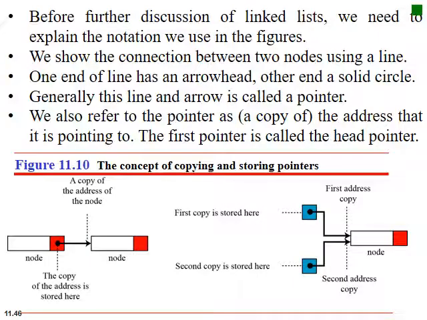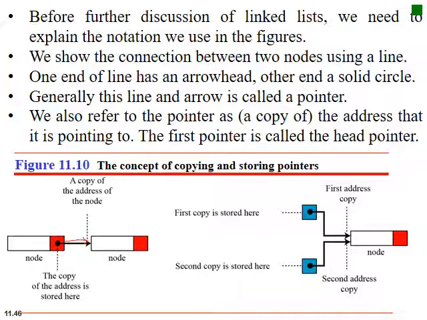Before we discuss, we just need to confirm some of the notation we're going to use in the figures. We show the connection between two nodes using a line. In other words, that line over here with an arrowhead is the connection or the link indicating that two nodes are linked together.